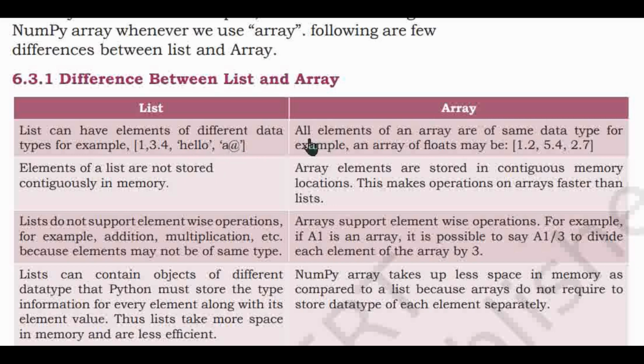Array: all elements of an array are of same data type. For example, an array of floats may be 1.2, 5.4, 2.7.